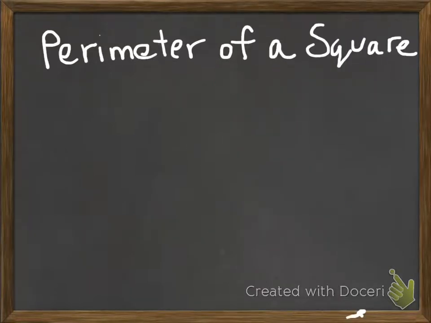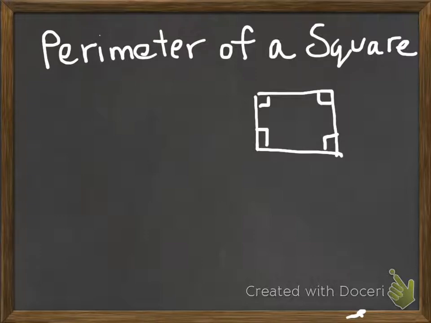Moving on to finding a perimeter of a square. Now, a square has 4 equal sides. So, they will show you some symbols, and that means right angles. You don't have to worry about that, but you will see symbols like this.